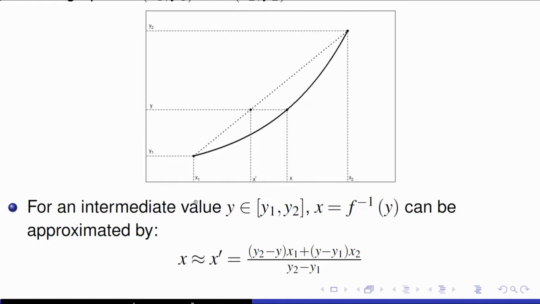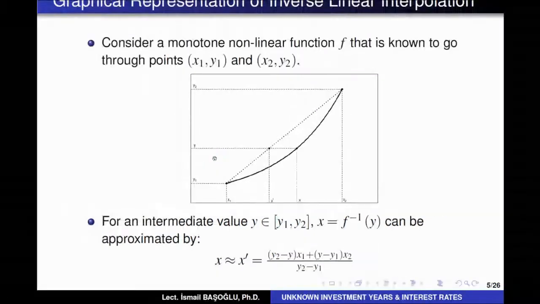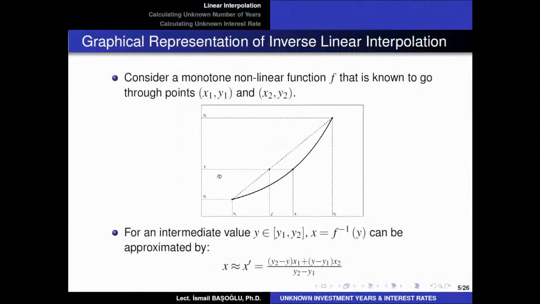So basically, the weighted average is taken by weighting x1 with a weight that is proportional to the distance between y2 and y, and the weight of x2 is proportional to the distance between y and y1. Okay. So basically, we are doing the opposite of the linear interpolation that we have done, and that is called the inverse linear interpolation.